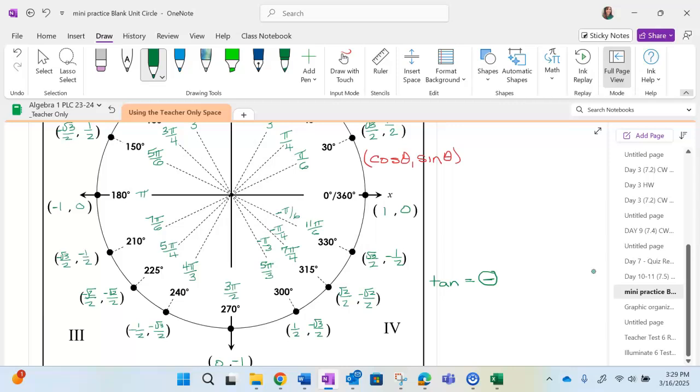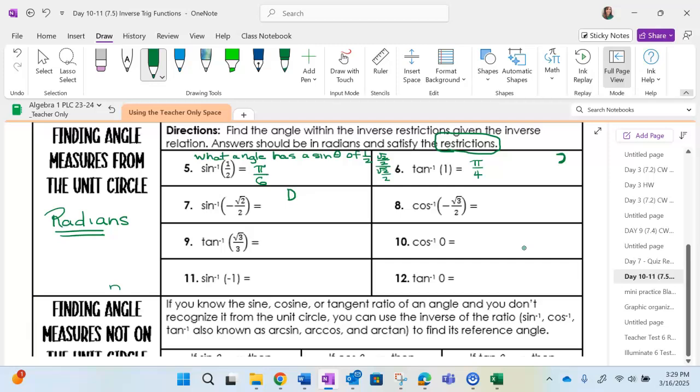That's if we're going from 3 pi over 2 up to 360 or 2 pi. This time we're going to call it negative pi over 4 because we're either going to be decreasing to negative pi over 2 or increasing to pi over 2. Okay, so we're going to call it negative pi over 4. So let me come back up here, and this would be negative pi over 4.